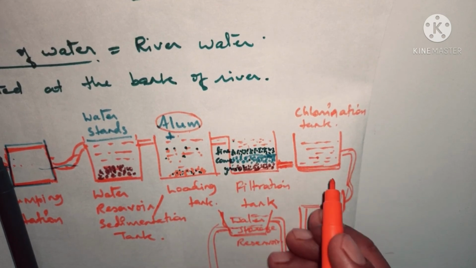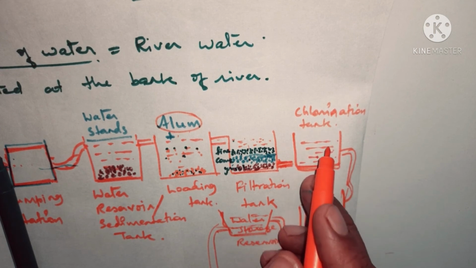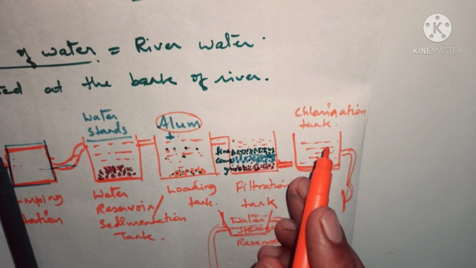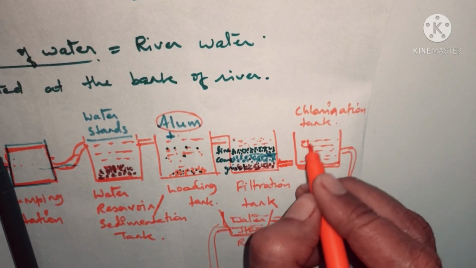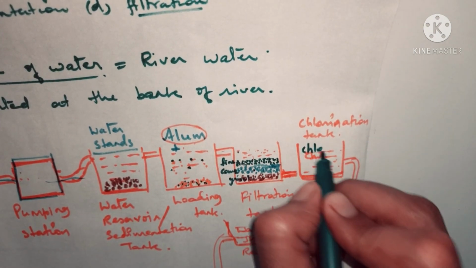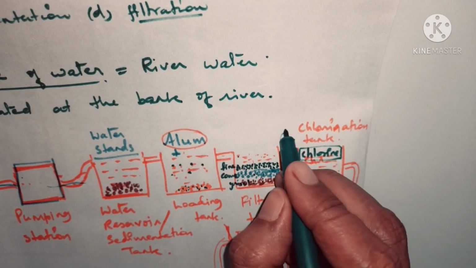So in the last tank, chlorination is used. In the process of chlorination, chlorine is added to the water. What is added? Chlorine.